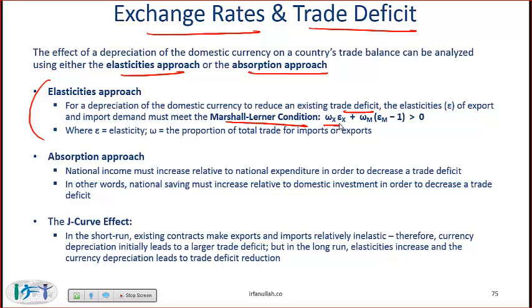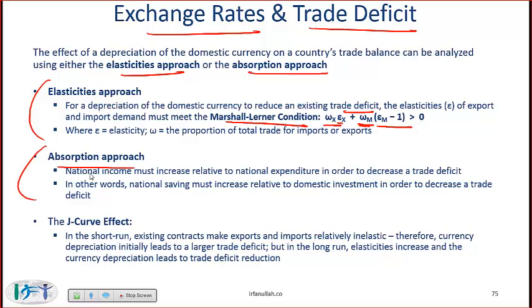The weight of exports relative to overall trade times the elasticity of exports plus the weight of imports relative to overall trade times elasticity of import minus 1 must be greater than 0. If this is the case, then a devaluation of the currency will reduce the trade deficit.